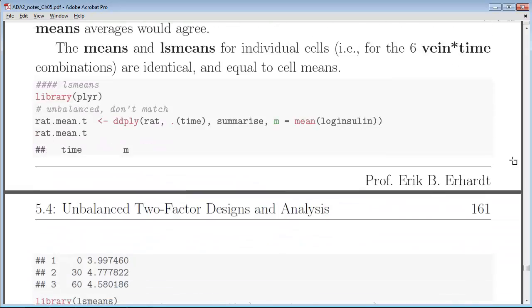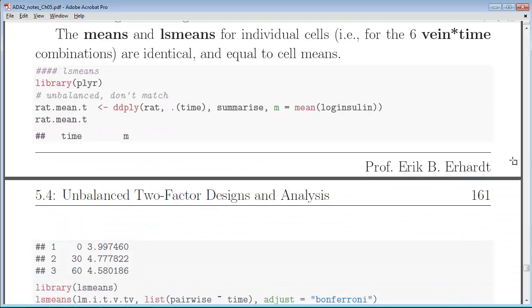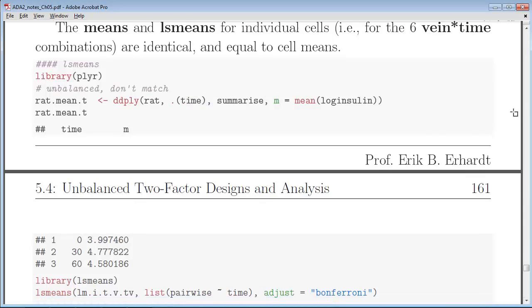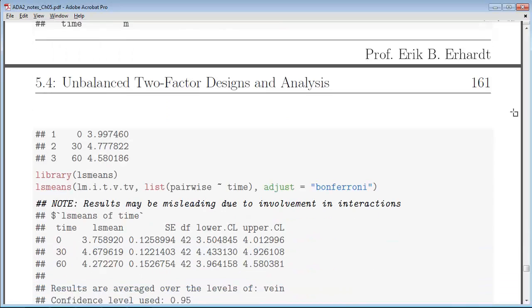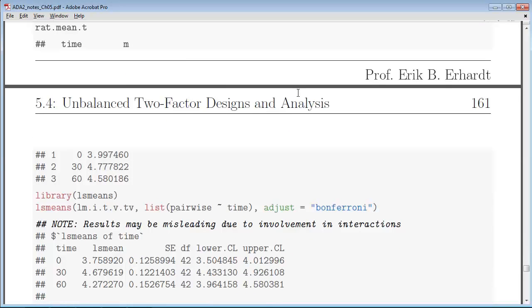So let's take just a quick look at that. Here I'm going to calculate the mean log insulin over time. All right, so at time 0, we have 3.99, and that's averaging over the jugular and the portal vein.